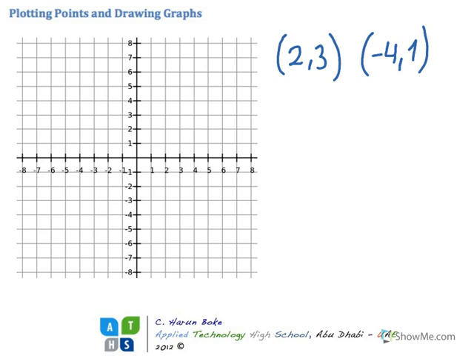These are called ordered pairs, as they are in order: x is first, y is last, (x, y). They are ordered and they are pairs because there are two numbers in each coordinate. So we call them ordered pairs.